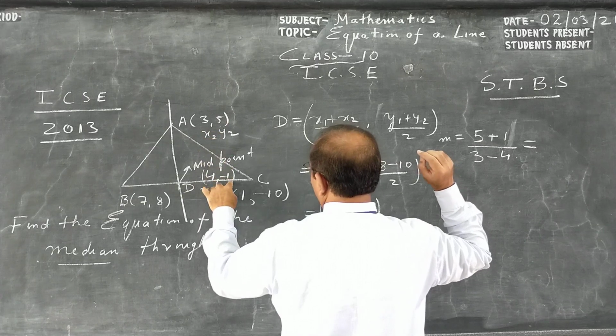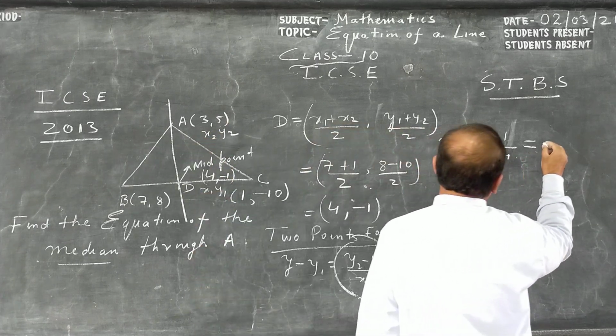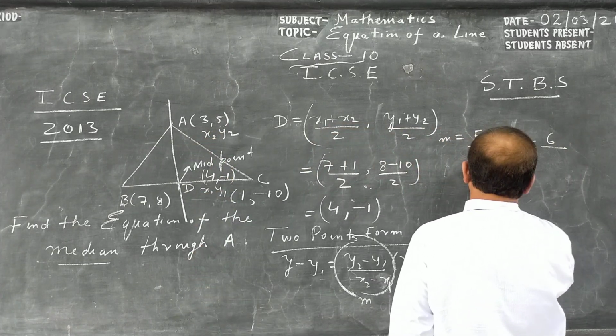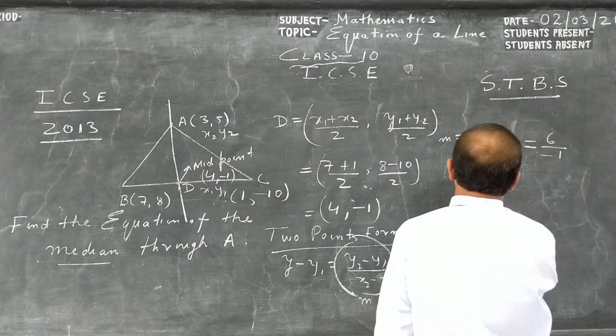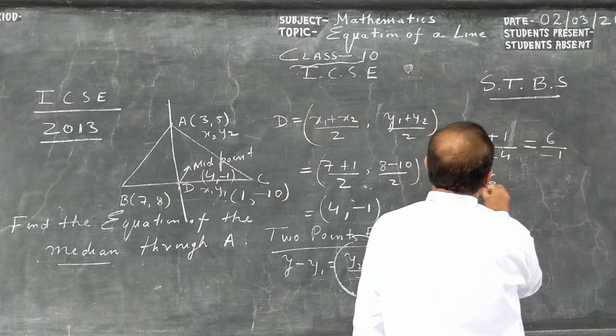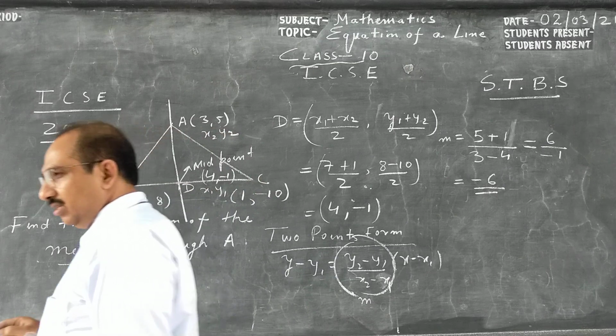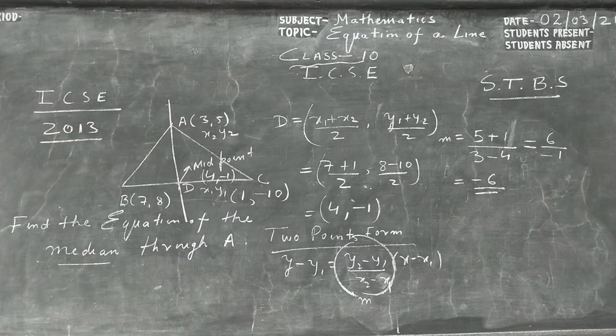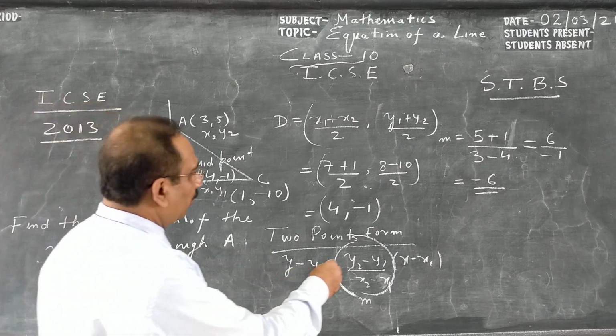So 5 minus minus 1 is 6, and 3 minus 4 is minus 1. So we get 6 by minus 1. So the slope is minus 6. You can copy, slope is minus 6, and then finally we will put it in the 2-point form.